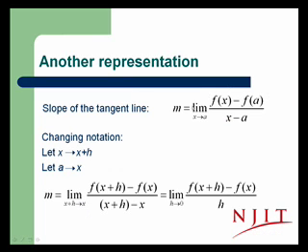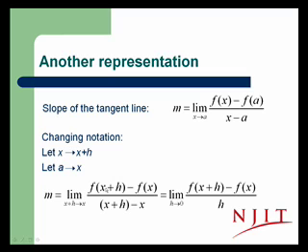Okay, we can take this representation, which is sometimes a little more difficult to work with, and by making some substitutions, make it more usable. So we have our definition. The slope of the tangent line is equal to the limit as x goes to a of f of x minus f of a over x minus a. And let's turn all the x's into x plus h, all the a's into x's, and let's see what happens. The x in the limit becomes x plus h.